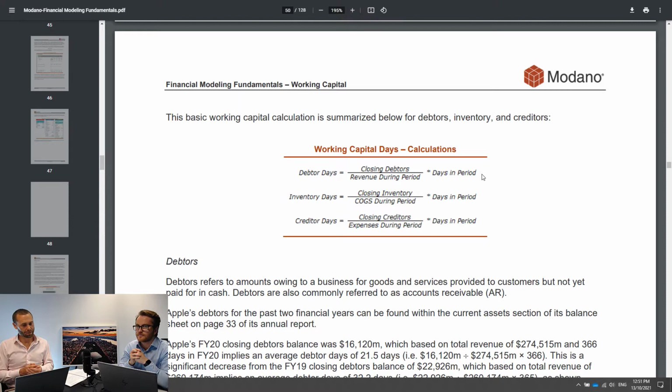So if your revenue was 1,000 and your closing debtors was 100, you'd have 100 divided by 1,000, which is 0.1, multiplied by days in period. If it was a year, say 365 or 366, which you need to always be aware of, you have 36.5 days. Okay.